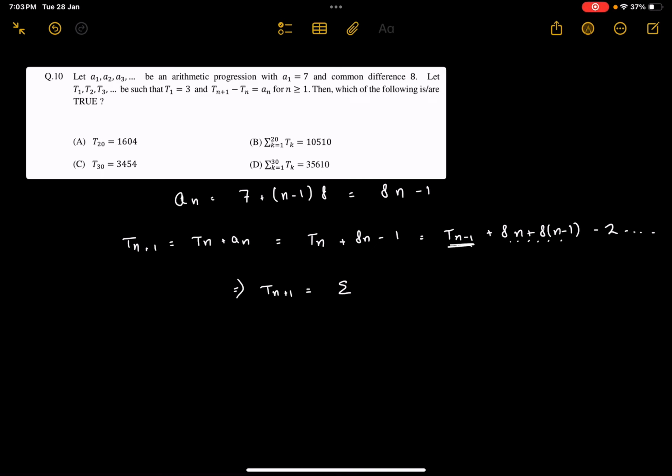We'll get t1 here, so that will give us a times the summation of i from 1 to n, minus 1 minus 2 minus 3, and this will go on till minus n minus 1, plus t1. Basically we'll unroll this till we get the term t1, and that would be when n will be 2. So these terms would be from 2 to n.